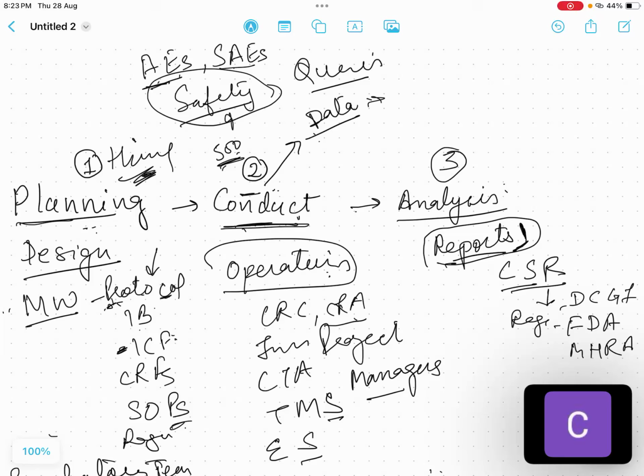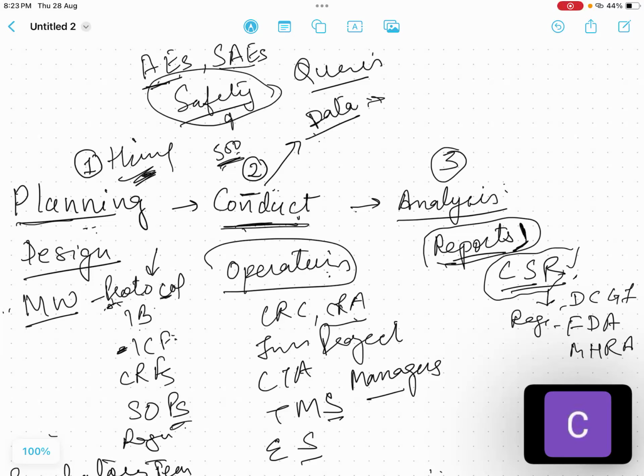Depending on the region, and if everywhere, then we will be submitting to all the regulatory bodies. So this clinical study report is a big document, and a lot of effort is needed to prepare it.